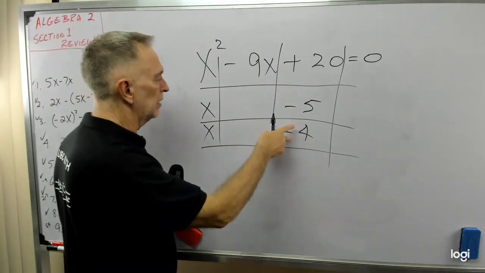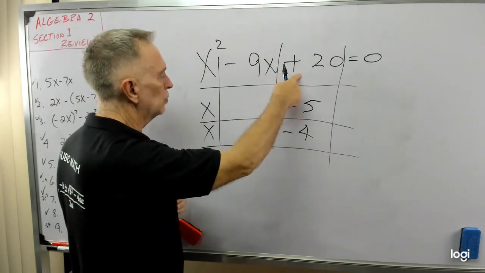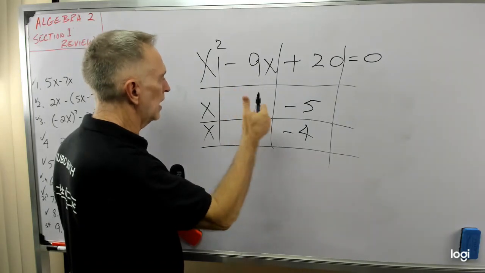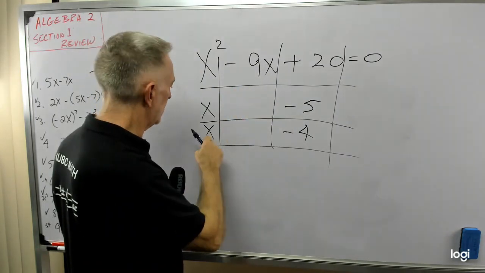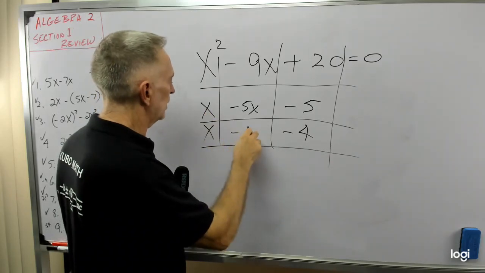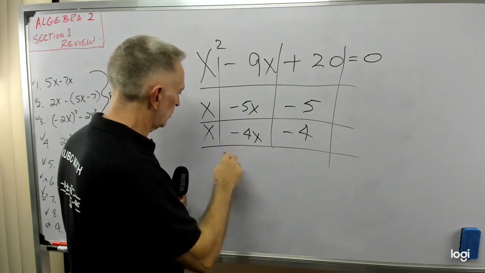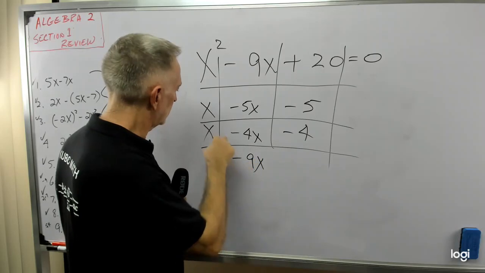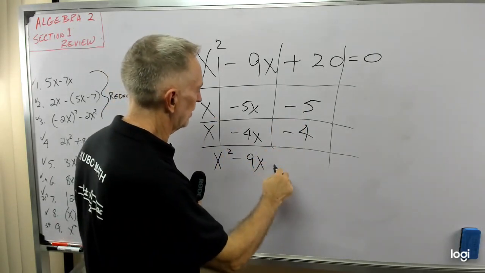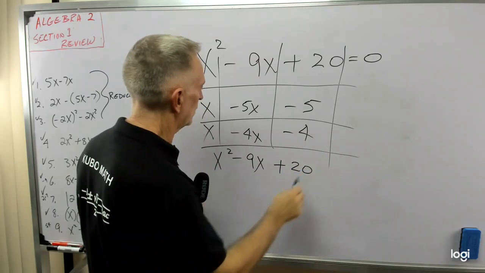Negative 5 times negative 4 is a positive 20. Negative 5 plus negative 4 is a negative 9. So I'm good to go. Negative 5 times x, negative 4 times x. Add those together is negative 9x. X times x is x to the second power. Negative 5 times negative 4 is positive 20.